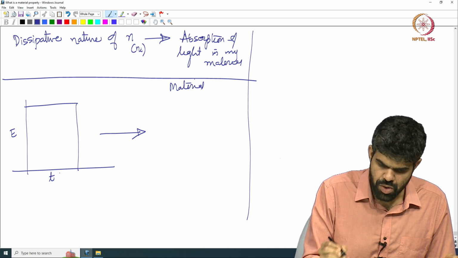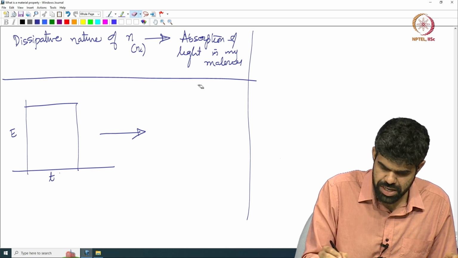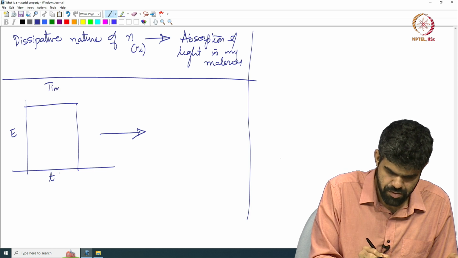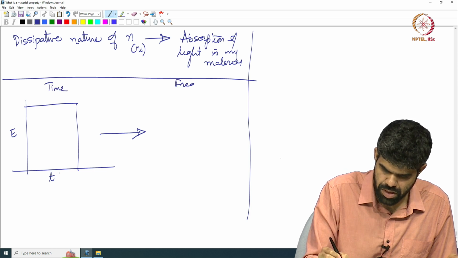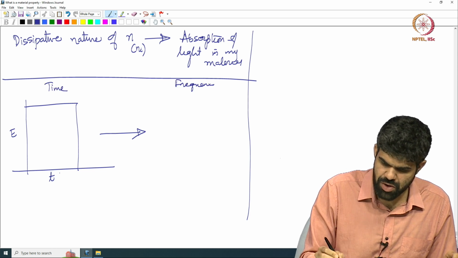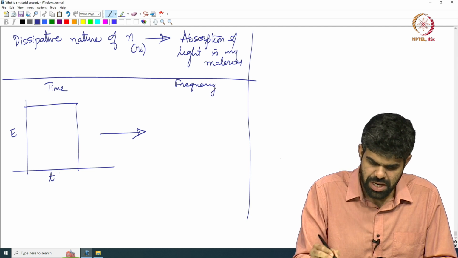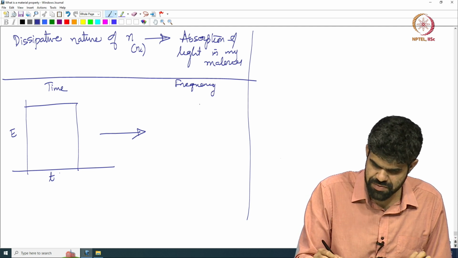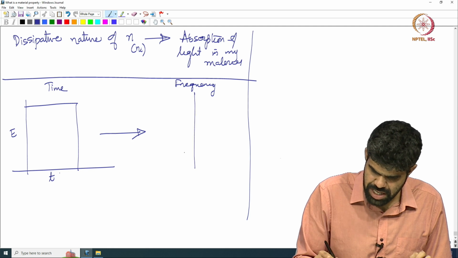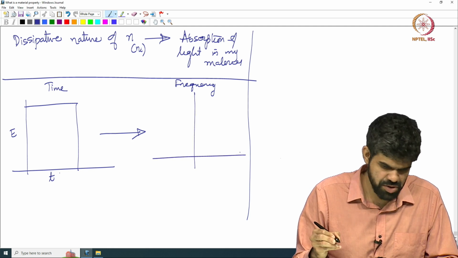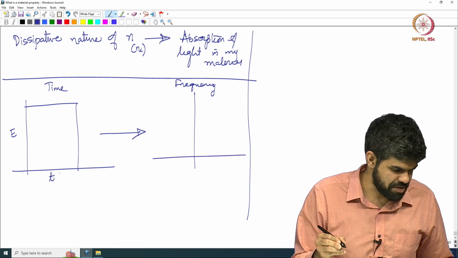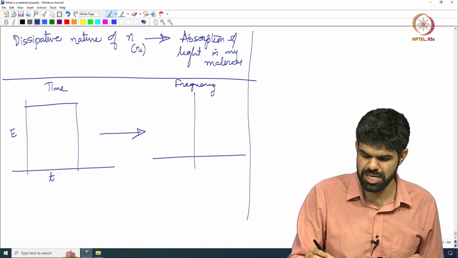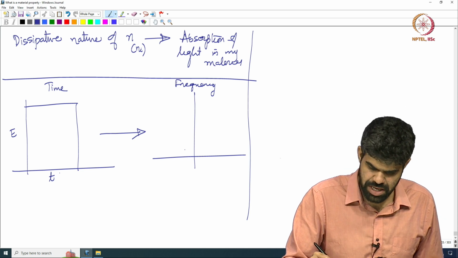Right. So now this is the time domain. What is the frequency domain response of this? This is in time. If I look at the frequency domain response, the frequency domain response of a step function like this is actually some sort of a Bessel function, right. So this is like a slit, and in a slit you do a diffraction experiment.